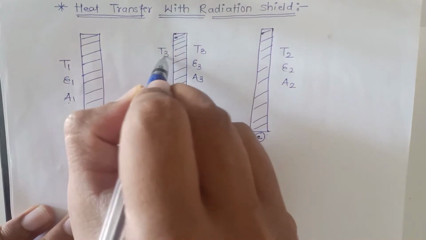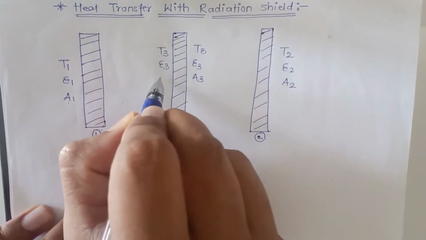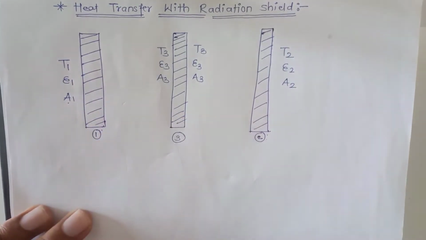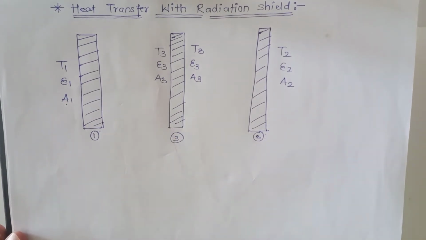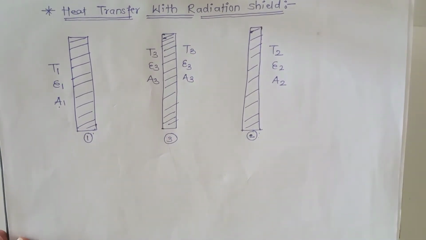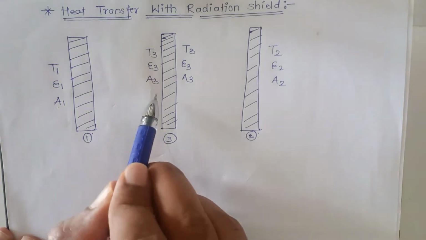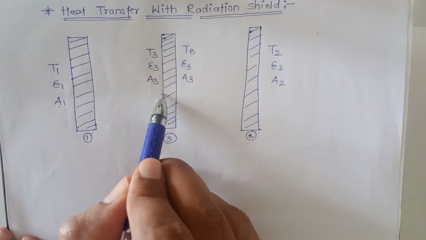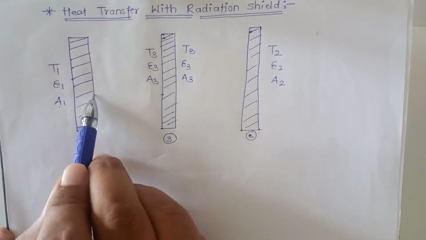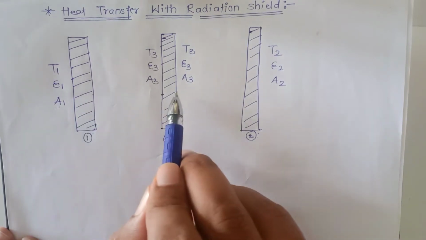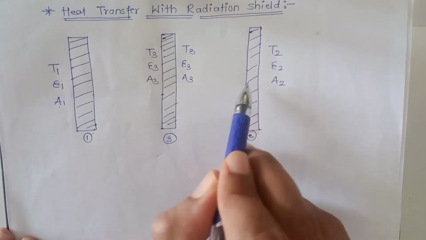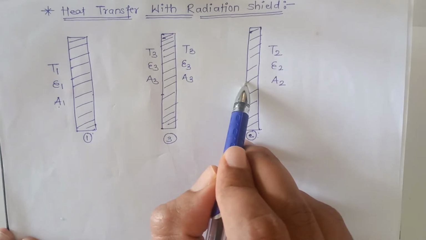For this consideration, we are going to assume that both surfaces of this radiation shield have emissivity epsilon 3. Note that this surface of the radiation shield is facing the first plane. This surface of the radiation shield is facing the second surface.